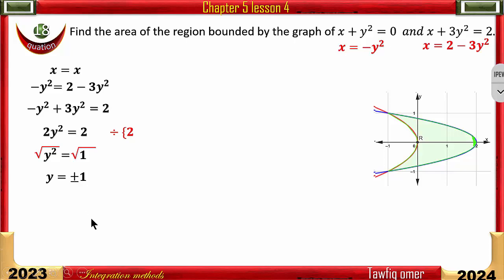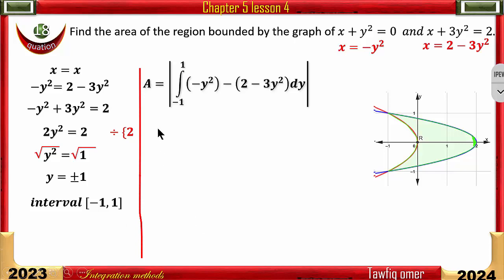And now we are taking the integration for y. So the interval is from minus 1 to 1. That means y is equal minus 1, y is equal 1.